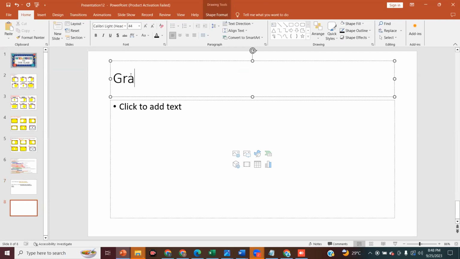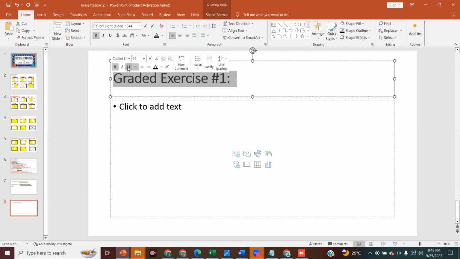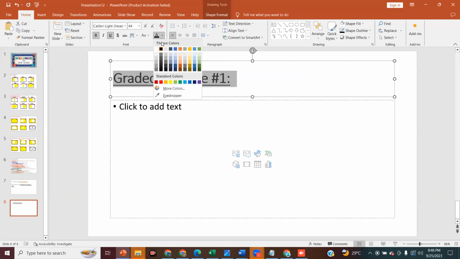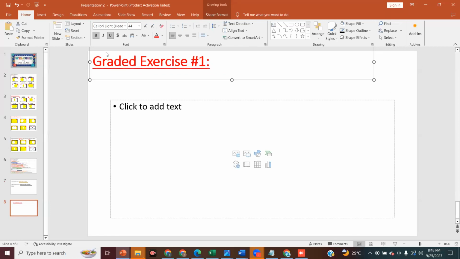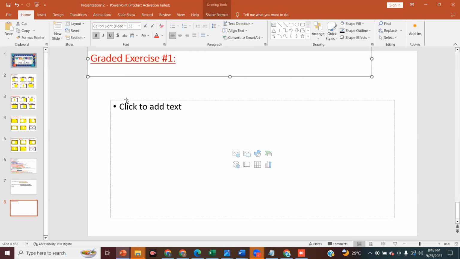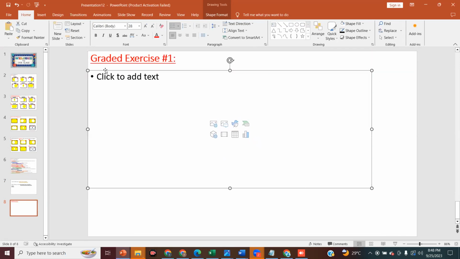Graded exercise number 1. Are we writing this down in our book, Mr. Patel? Yes, write this down in your book, please. The instructions are as follows.